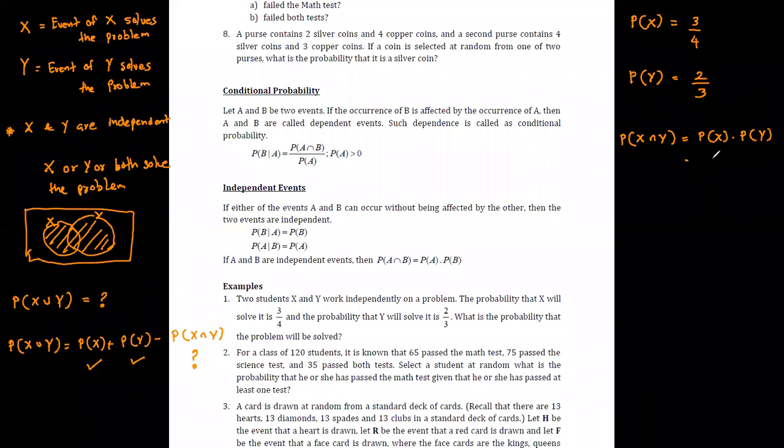Then this is probability of X, 3 over 4, multiplied by 2 over 3. Then if you solve this, you will end up with this calculation as 1 over 2.